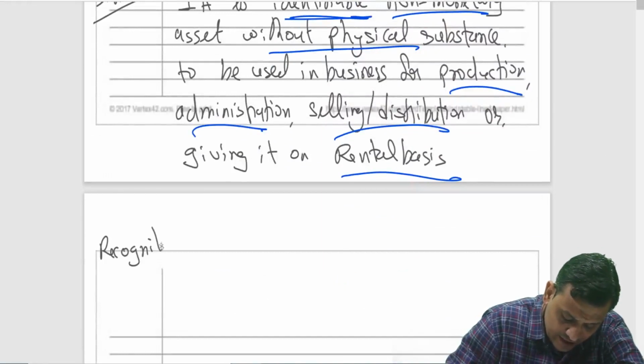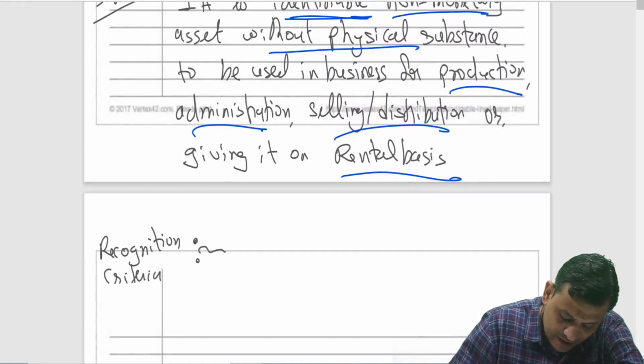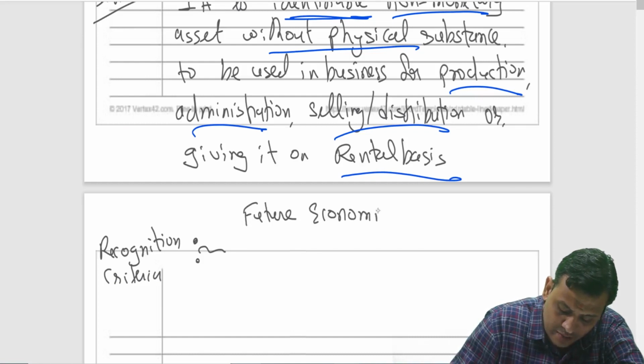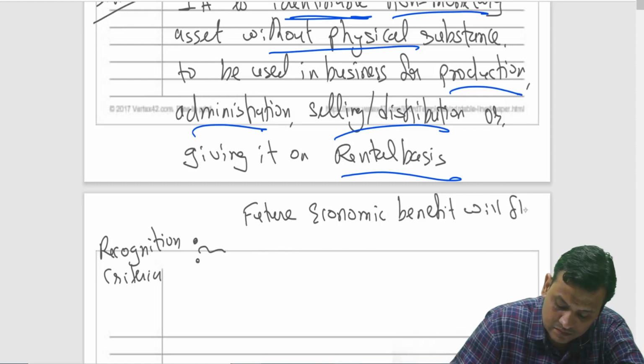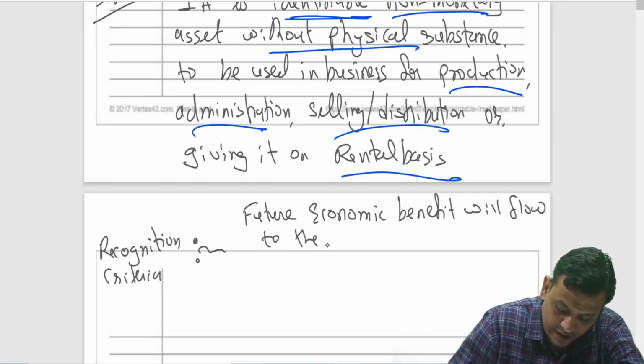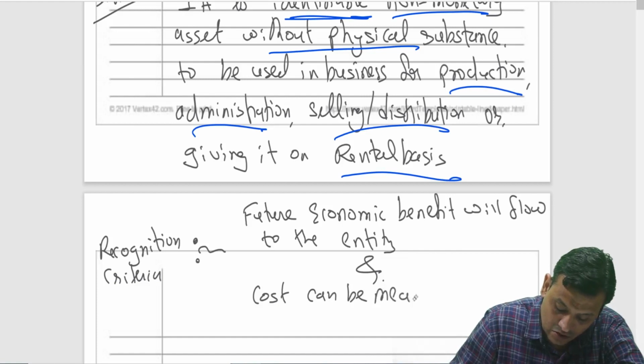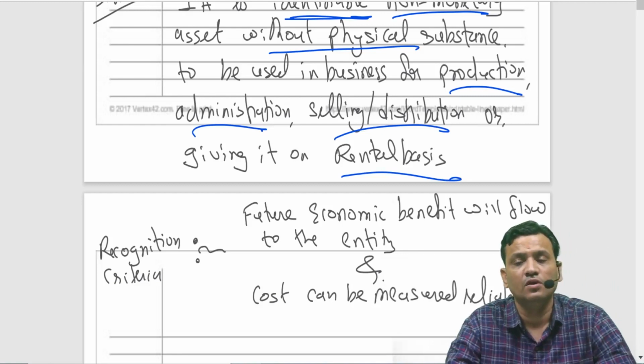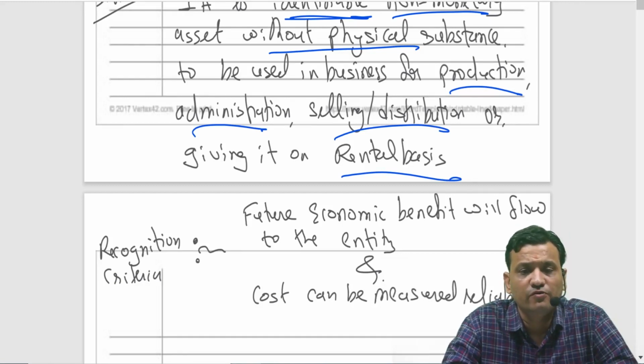The recognition criteria is: future economic benefit will flow to the entity and cost can be measured reliably.